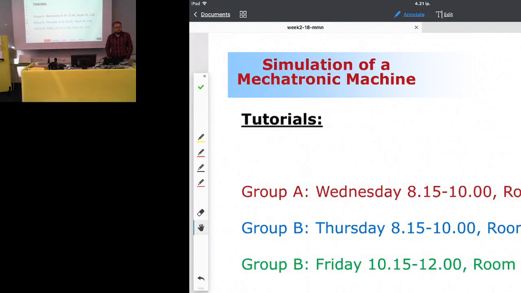Tutorials. So as discussed last week, the tutorials will get started this week. There are 3 groups. Pick the one that fits your schedule best. Later we will figure out if there are any groups with low attendance, and then we may cancel it. But this week all these 3 groups are available, so just pick the one that fits your schedule, and that's it.